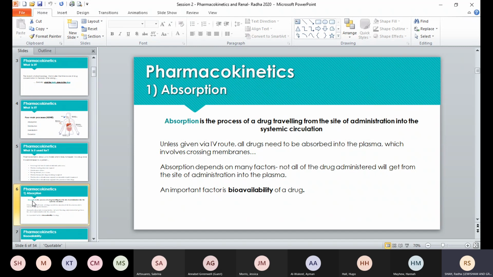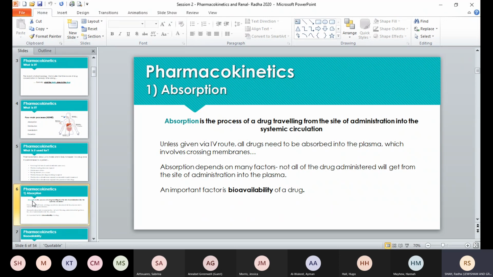Unless we're giving a drug via the IV route, all other drugs need to be absorbed into the plasma, which obviously includes crossing several membranes, and so we need to dose correctly. The absorption depends on many different factors, not just how the drug is administered. An important factor for absorption is the bioavailability of the drug.